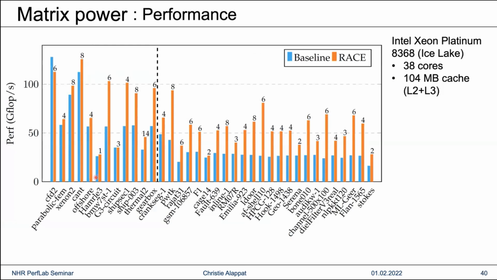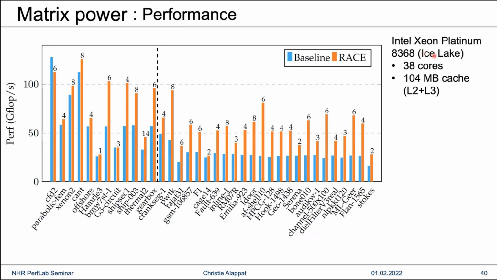And due to this, we can also attain a performance speedup because we keep the matrix entries in cache. This is seen here in this picture. Here we have ordered the matrices from left to right according to their size, so increasing size. And the dotted line represents the cache size of this architecture.